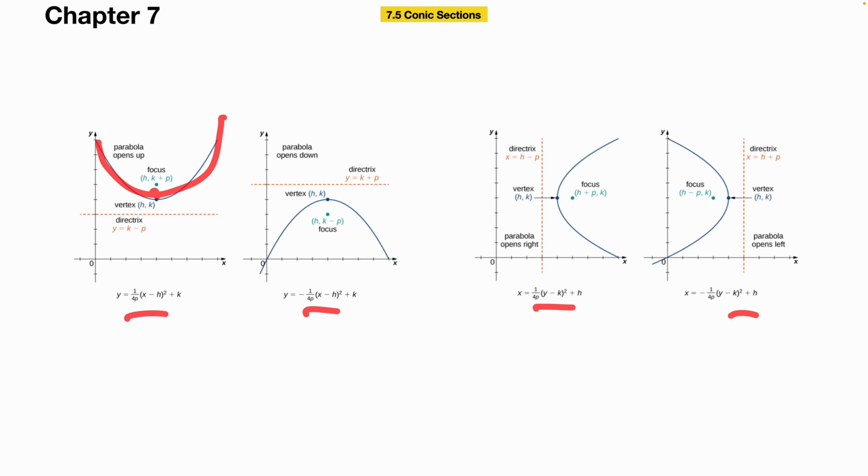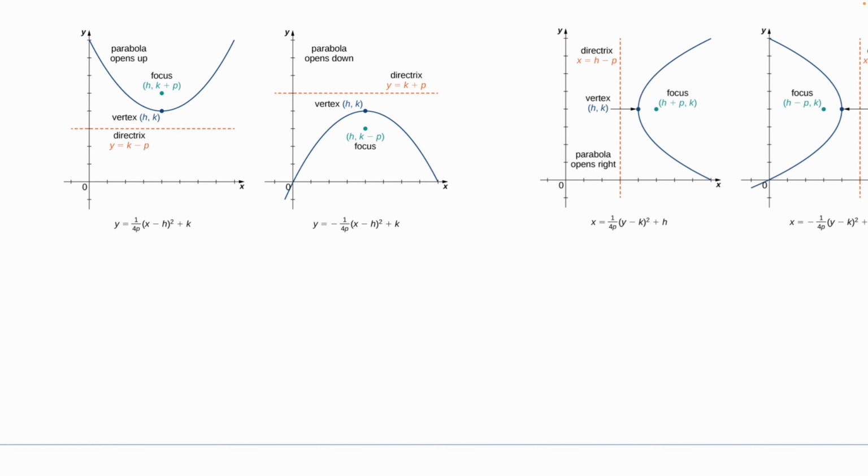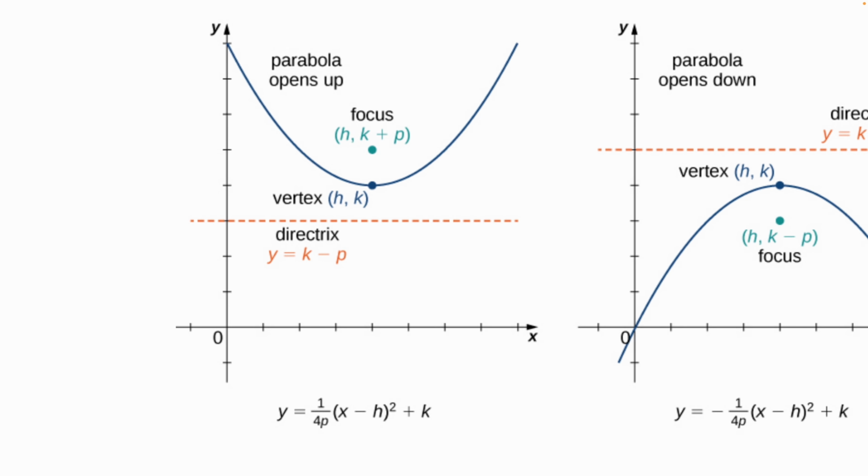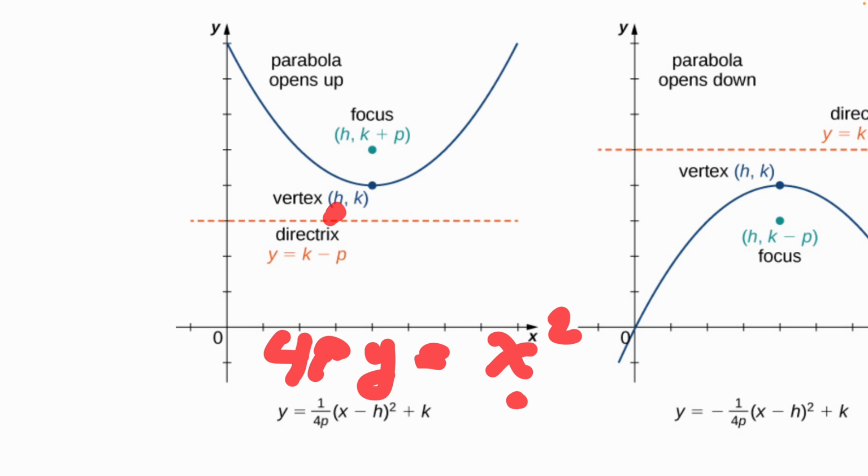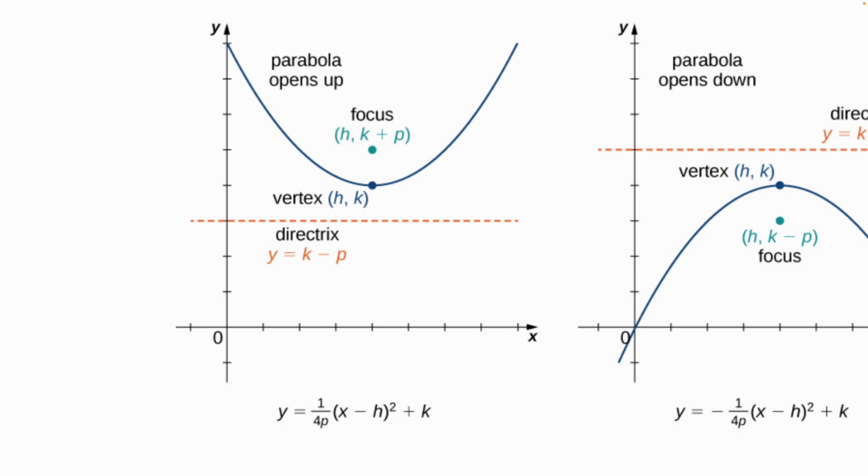We had fixed our vertex at the origin. If you allow, let me zoom in there. If you allow for the vertex to be anywhere, well, what does h do? h changes the x. So remember, it was 4py equals x squared. So if you change x by h, then that x squared becomes quantity x minus h squared.